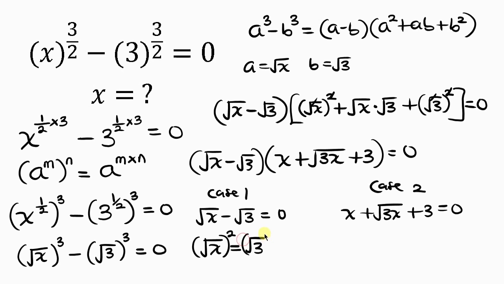I'll also take the square of the right hand side. So square cancels square root, leaving x to be equal to 3. So from our first case, we got the value of x to be equal to 3, which is a real solution. Now let's focus on our second case in the next slide.